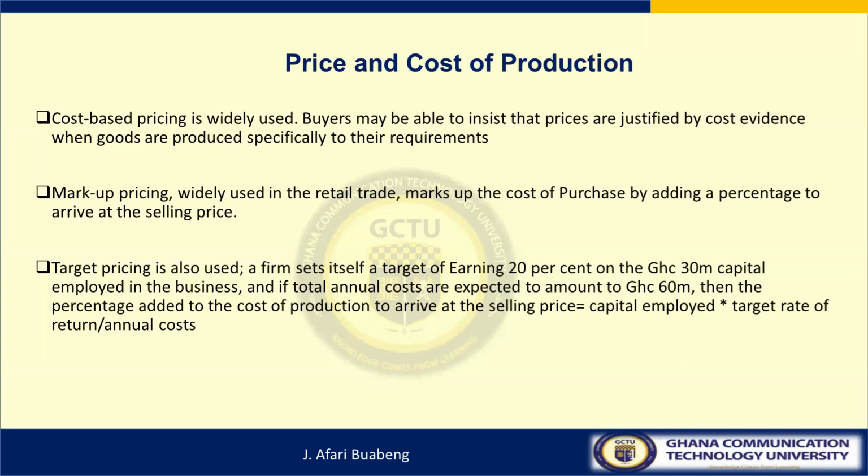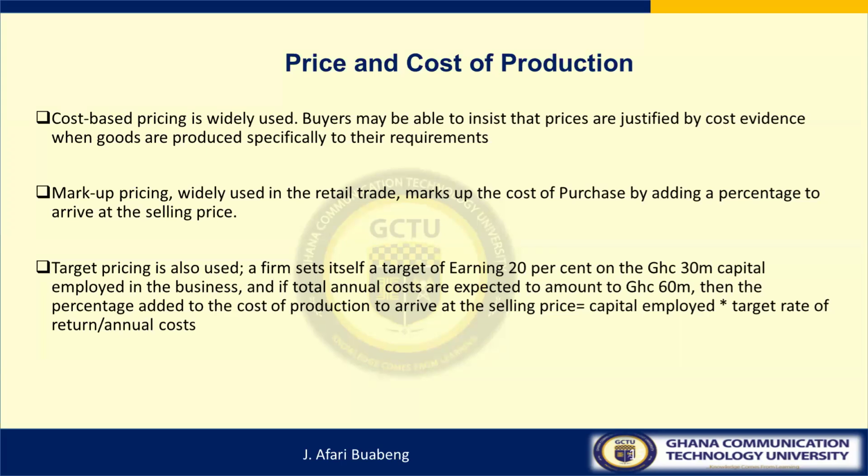Okay, so assuming there are two suppliers or manufacturers, they are all producing similar or the same product. However, the cost of producing one product is 10 cedis. For the other, the cost of producing the item is 15 cedis.